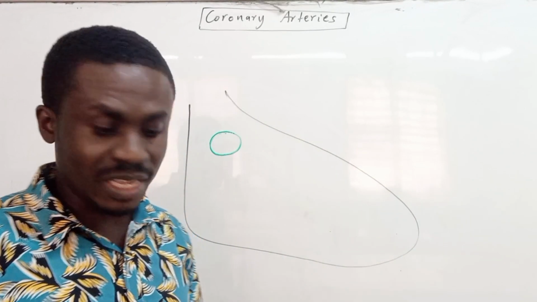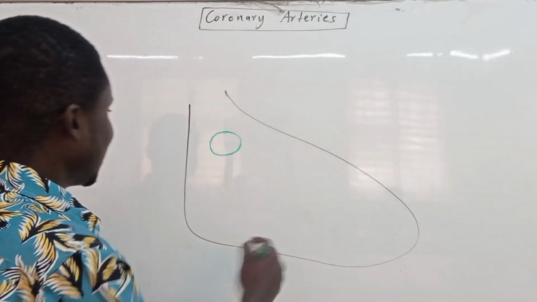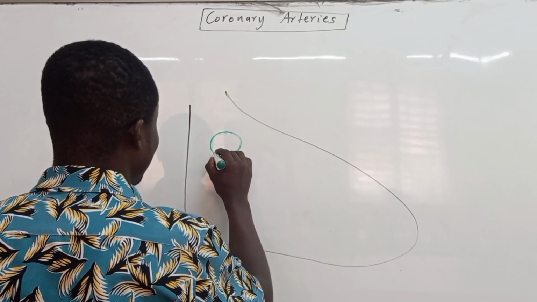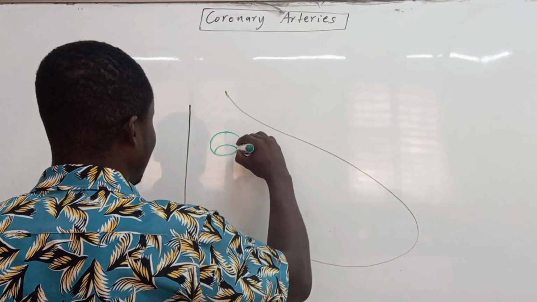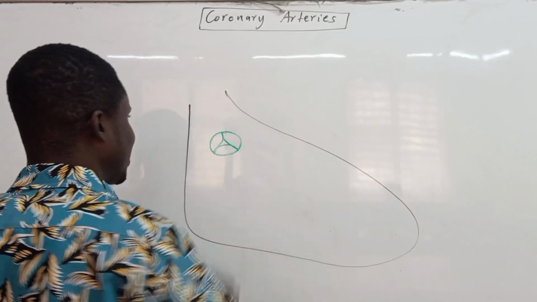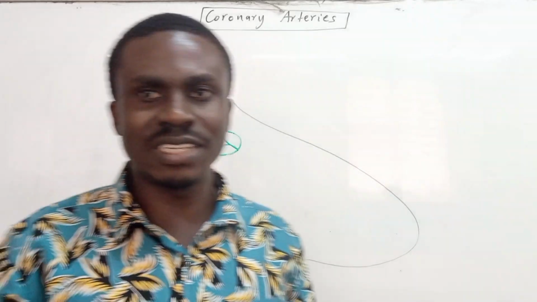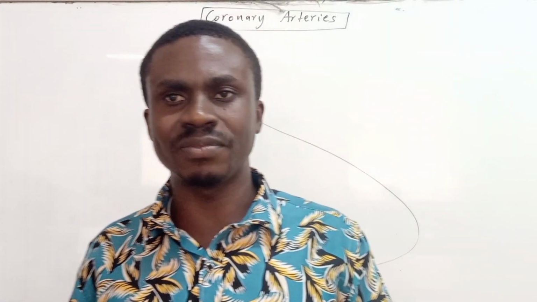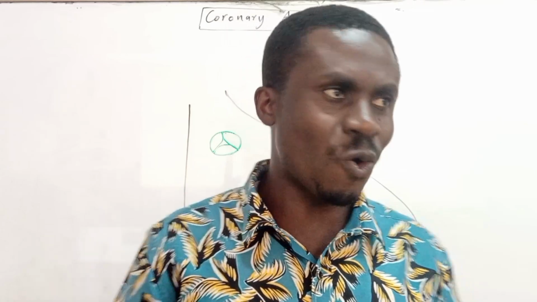If the aorta is over here, then I'm going to have these cusps. Remember that the aortic valve, just like the pulmonary valve and the right atrioventricular valve, are all tricuspid.